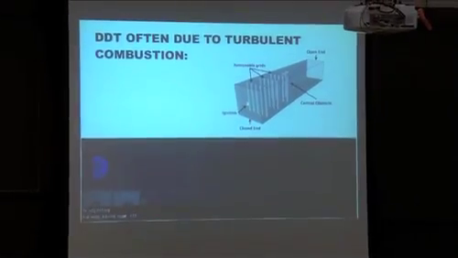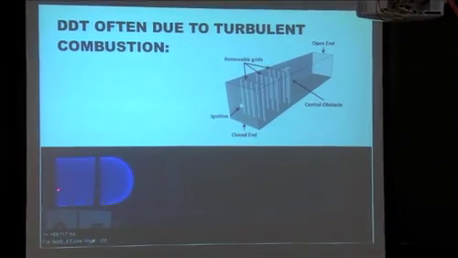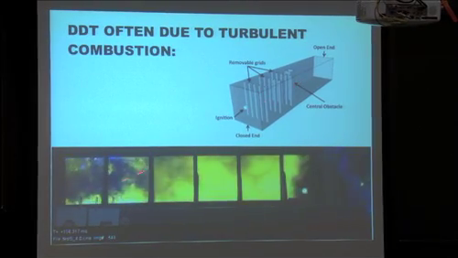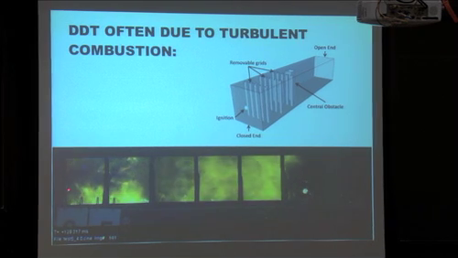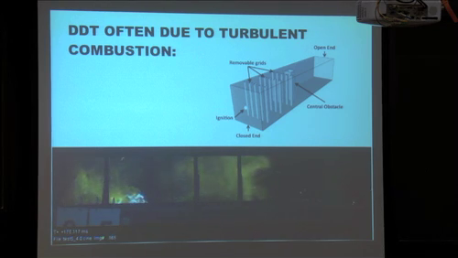This is a movie of an experiment done in Norway for Total and for CEFRC, when we ignite a flame in a system which has obstacles in there. And I will play it again. You see initially the flame is really laminar, so it's propagating like a deflagration wave, very slowly, 50 centimeters per second. Then it finds the first obstacles, it starts wrinkling, then the second one, and then suddenly it goes much faster and goes almost to detonation.